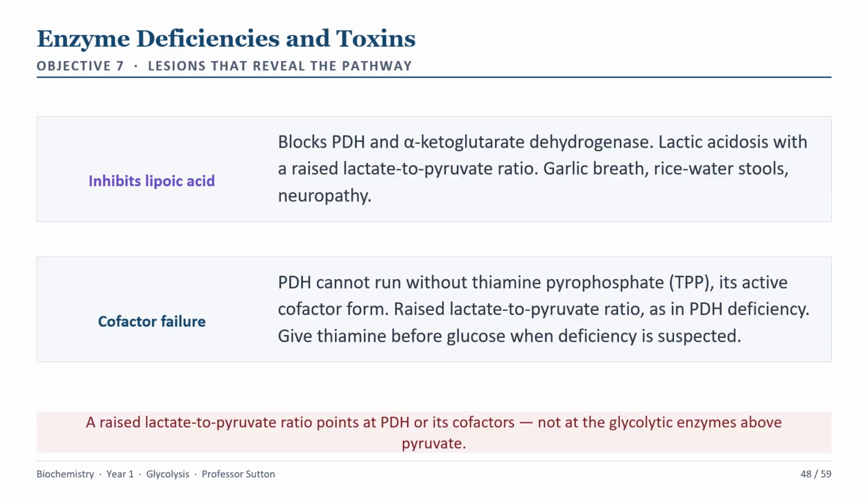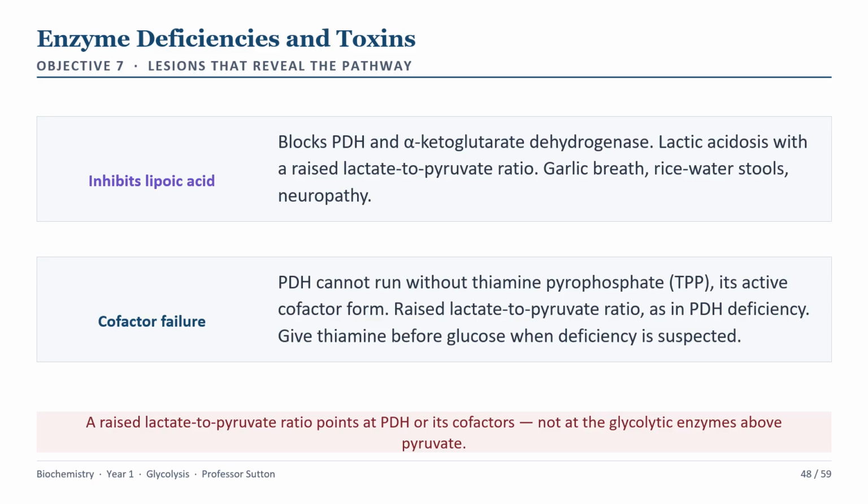Arsenic. Distinguish it from arsenate. Arsenic, arsenite, inhibits lipoic acid and therefore blocks both pyruvate dehydrogenase and alpha-ketoglutarate dehydrogenase, since both of them use lipoate.